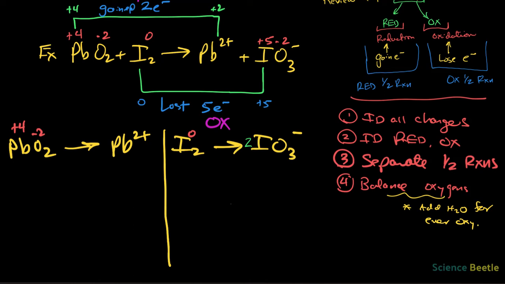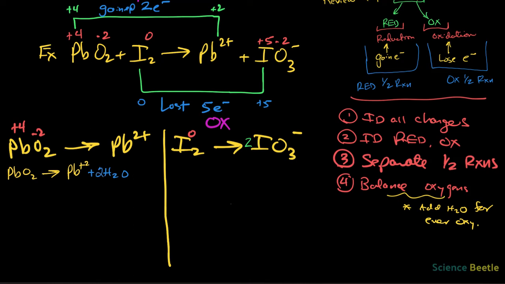So with 2 oxygens, we're going to rewrite this equation. We're going to say PbO2 goes to form Pb2+. Then here's where we're going to add the waters, and let me add those in blue. So plus H2O, and we need 2 copies of that.